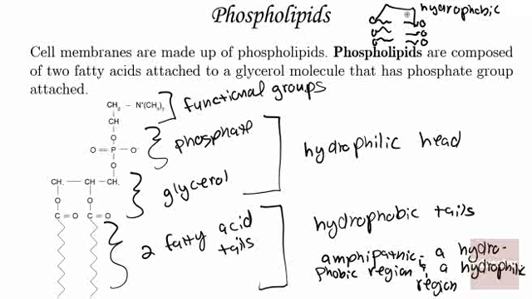So hydrophobic molecules tend to pass through the cell membrane more easily than hydrophilic molecules. This is an introduction of phospholipids, and we're going to do a lecture later on in the course on cell membranes and talk more about this structure as well as about substances that pass through the cell membrane easily and those that do not. All right, so far we've discussed fats and phospholipids, which are both types of lipids.